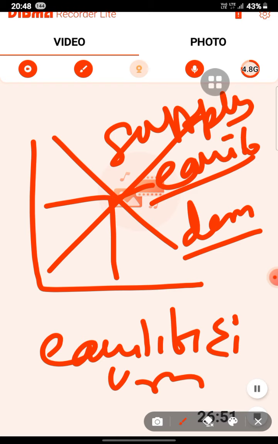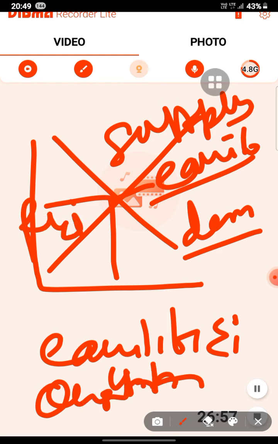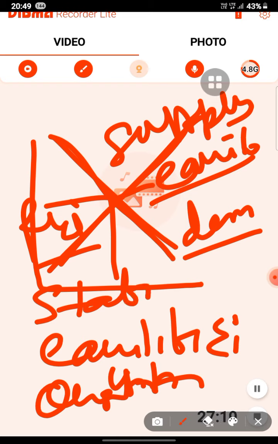So if there is quantity equilibrium, then there will be a price equilibrium. Equilibrium in economics takes place when there is stability. This is the condition of stability.